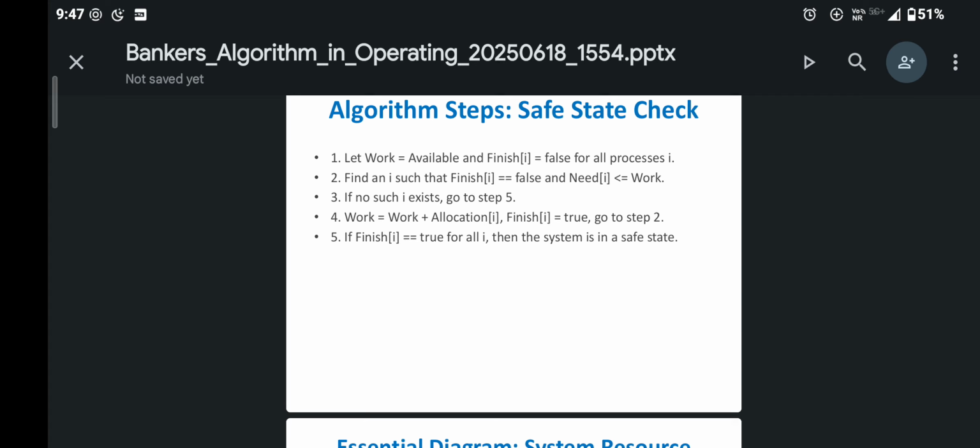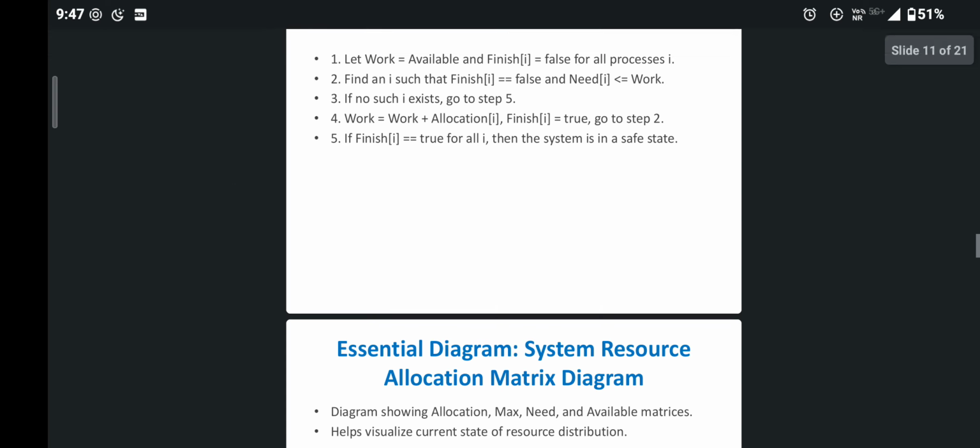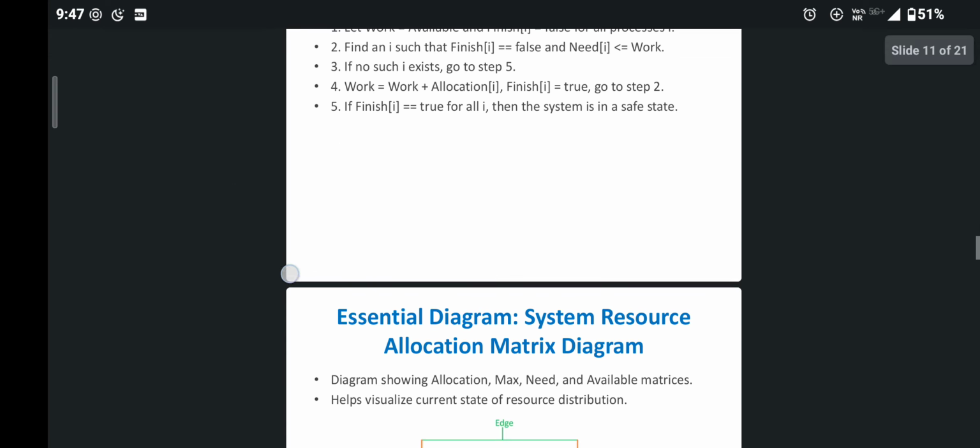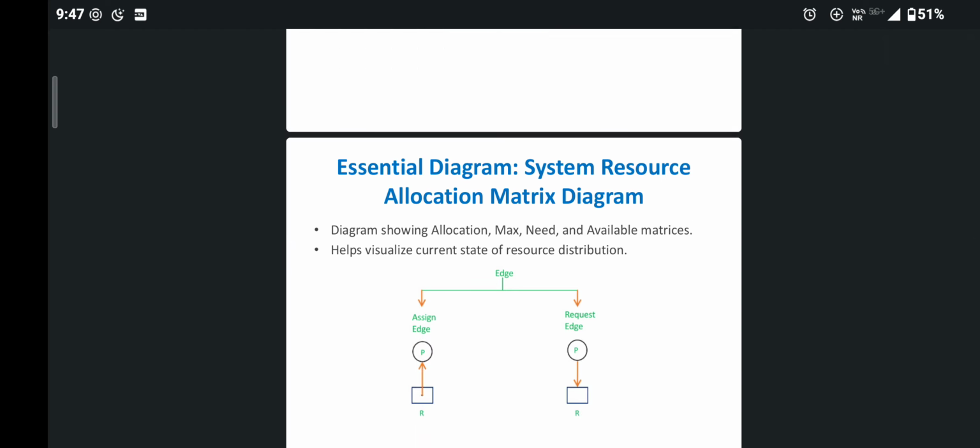It means if finish is false and need of i is smaller than or equal to work, then only we will go ahead. If no such i exists, go to step 5. If it exists, then we do work equals work plus allocation and finish equals true, and go to step 2, and we will do it repeatedly until the processes are executed or get access. These are the essential steps.